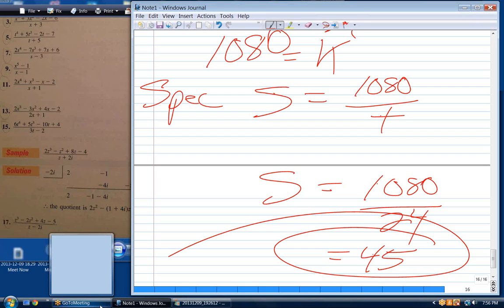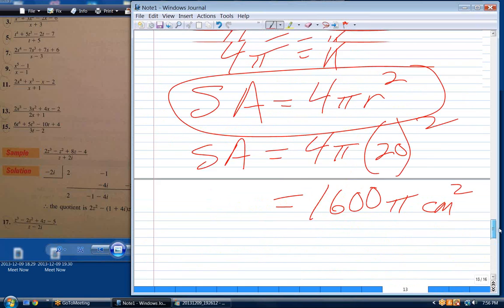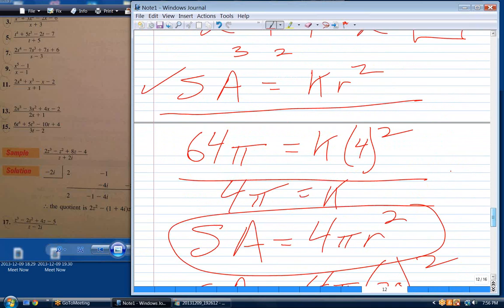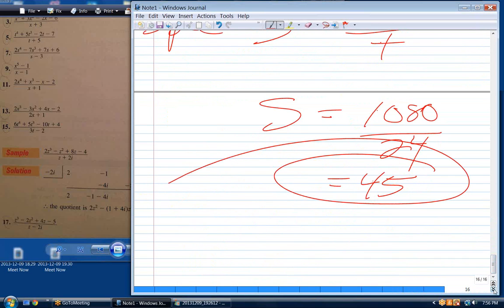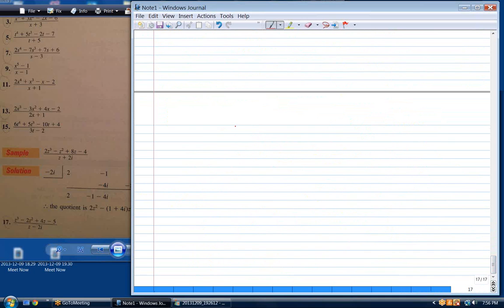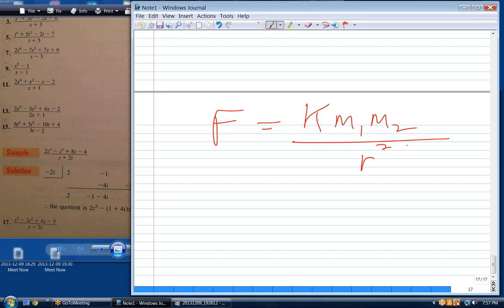And it won't always, in other words, the first one was directly proportional to the square of r. So the general equation was this. If you've had any physics, the force of gravity is proportional directly to the mass of the two objects and inversely proportional to the distance squared.